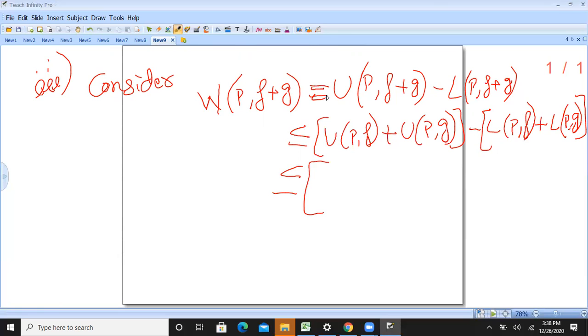So it is converted by the definition of upper, lower sum and oscillatory sums.